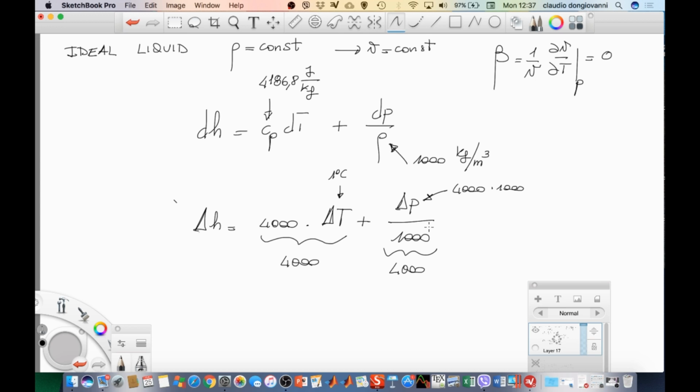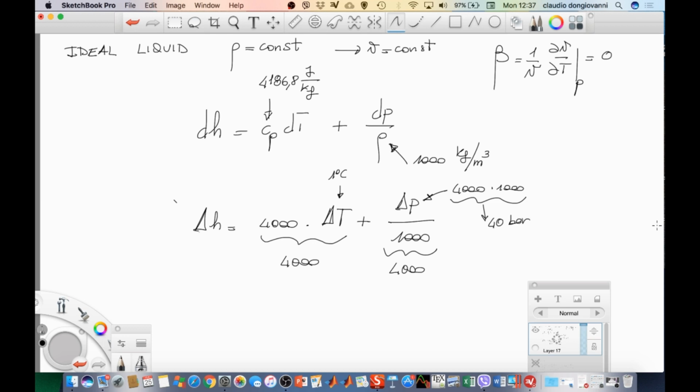Because the order of magnitude of this is 4,000, and the order of magnitude of this is the same. But how many Pascal do you have here? 4 million. And 4 million Pascal are 40 bars.